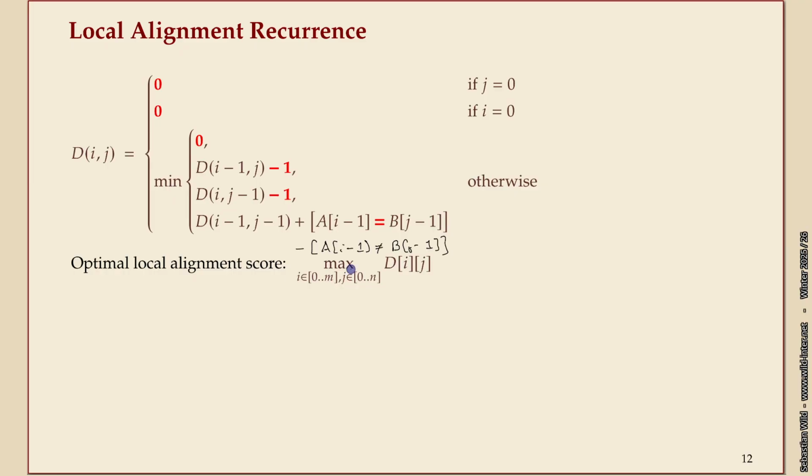And the final output is not the lowest corner, but you pick the maximum of all entries. What you can also see here is it's not too hard to play with the score. We'll briefly look at this more systematically in a minute. But if you wanted to somehow treat insertions and deletions differently from, say, mismatches, you could just put in different constants here. The algorithm couldn't care less.